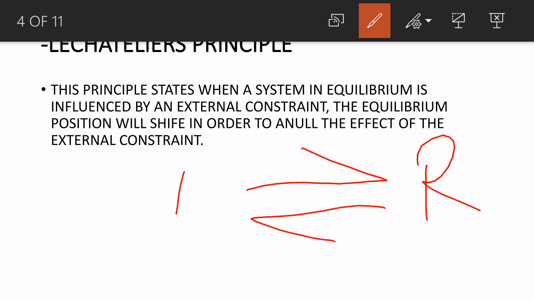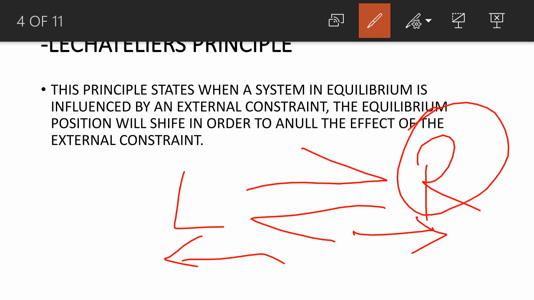There are certain factors that, when imposed on this equilibrium position, will make it shift either to the right or to the left, depending on the factor. So if I'm interested in producing this, I need to know how to manipulate the factors so that this reaction favors the forward reaction, and the same with the reverse.